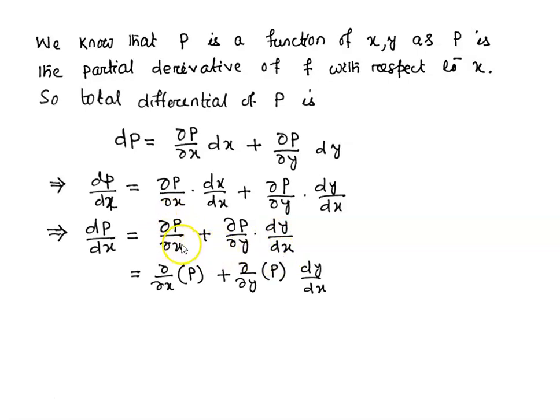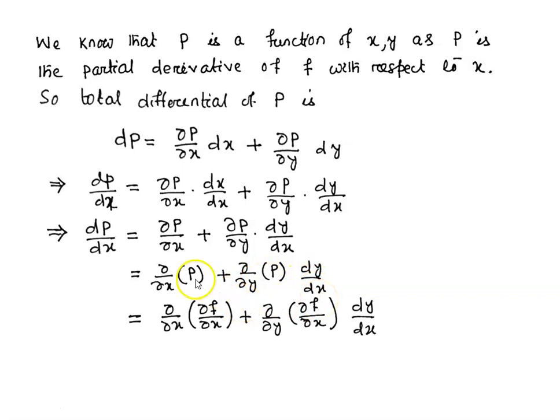This del p by del x is the partial derivative of p with respect to x. P is also the partial derivative of f with respect to x. Similarly, here we have del p by del y, that means partial derivative of p with respect to y, into dy by dx. Now replacing this p by del f by del x, because p is the partial derivative of f with respect to x, we have this.